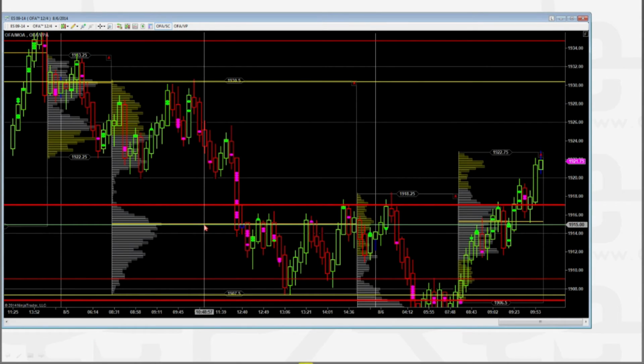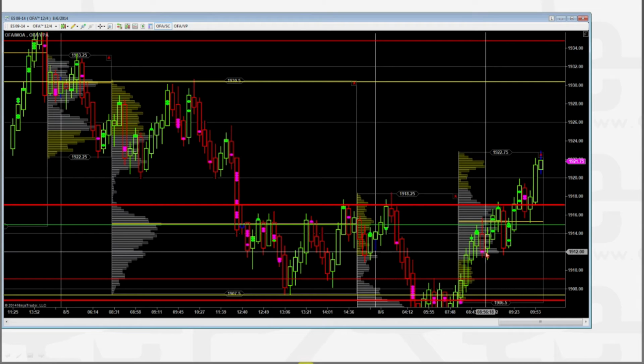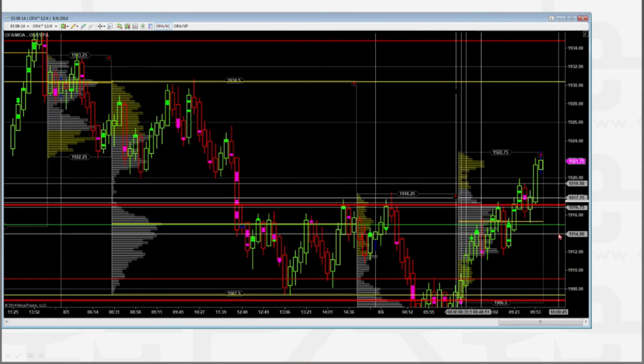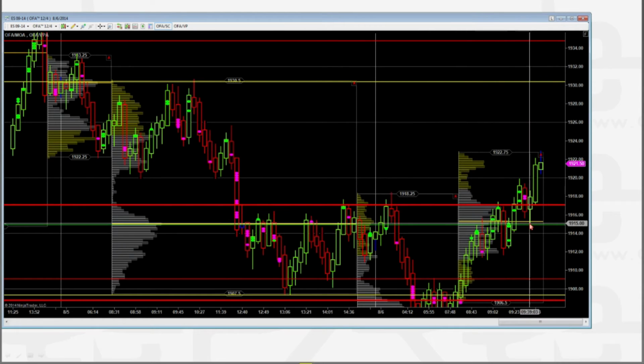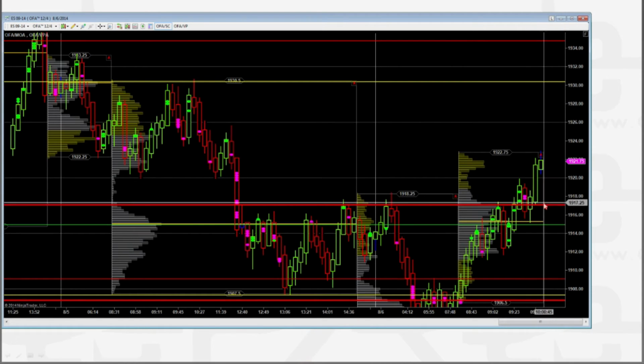My next one was today's VPOC to the downside, looking for a long at 1525. And you heard me talk about that as I talked about a potential long at 16 quarter, 1675. There was a low volume area. You can see that that's now since gone. Looking to take the trade as a bounce off of this high volume area, the VPOC.